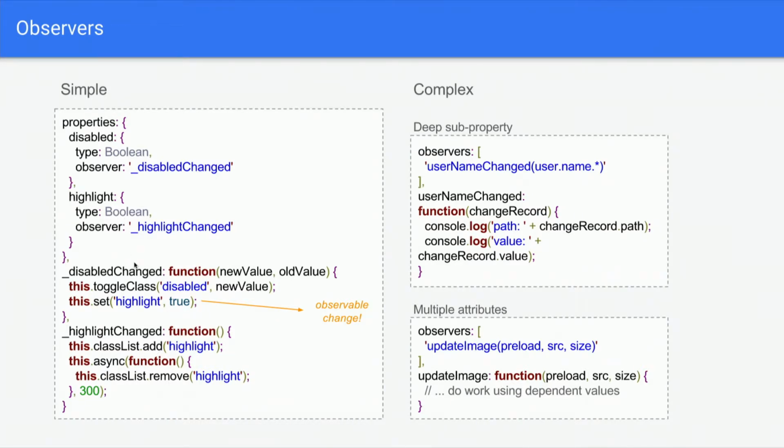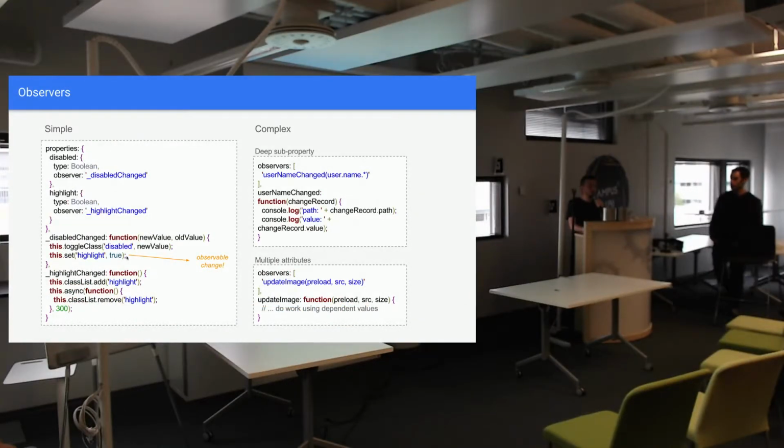However, there's one interesting thing about this: Polymer gives you the guarantee that this is going to be handled in a synchronous manner as long as you use the this.set function. So if you do this, you have the guarantee that all pending observers are going to be executed before the next line of code, which is of course very nice.